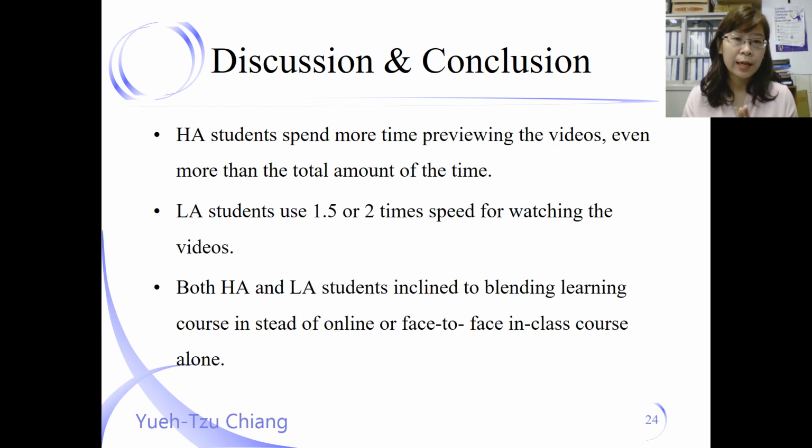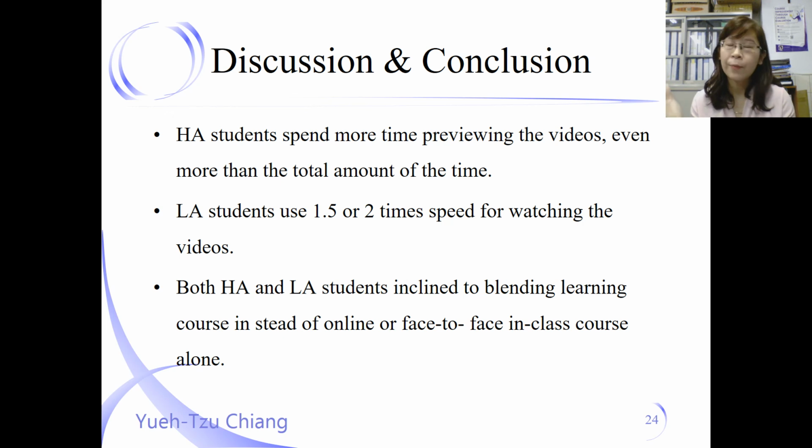In terms of high achievement students, they spend more time previewing the videos, even more than the total amount of the video time. What does that mean? It means that I actually analyzed all the reflection logs, and I found a very interesting point: high achievement students spend even 2 times the original video time.